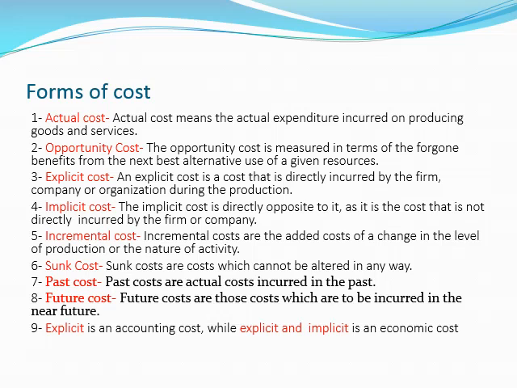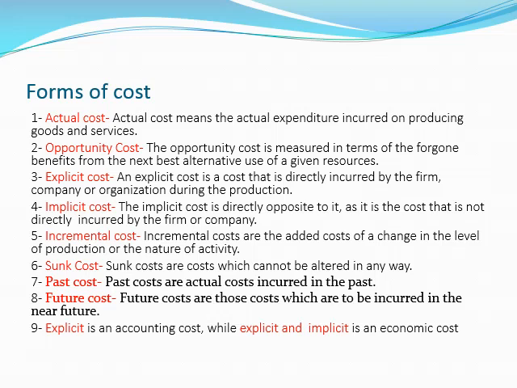Incremental cost. Incremental costs are the added cost of a change in the level of production or the nature of activity. Sunk cost. Sunk costs are costs which cannot be altered in any way.